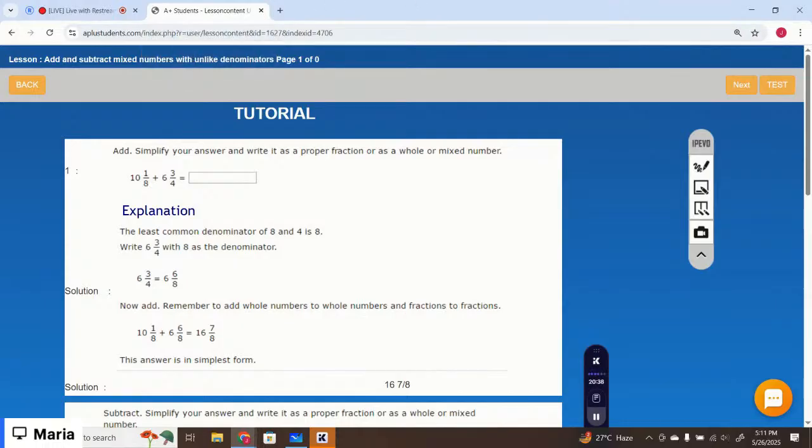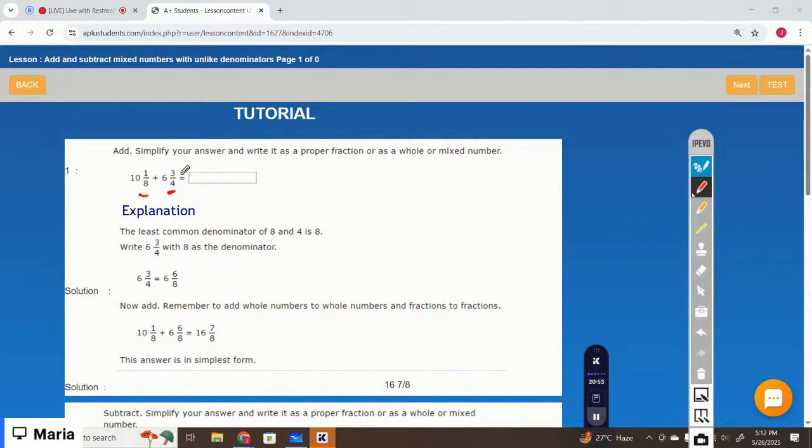Add 10 whole 1 by 8 plus 6 whole 3 by 4. The first thing we need to do is make their denominators the same. Here we have 8, so we need to make 8 here.